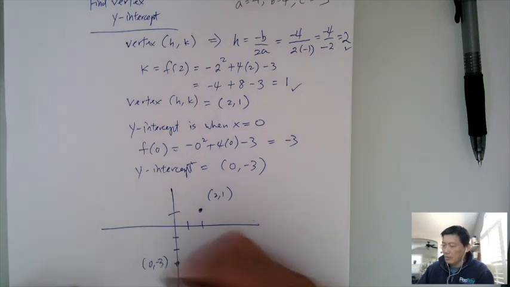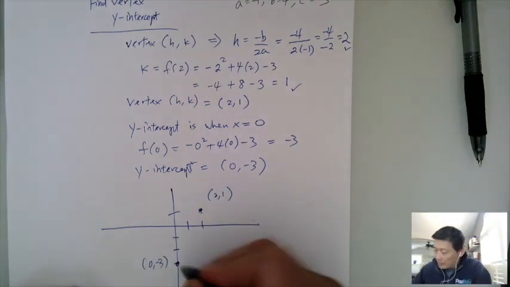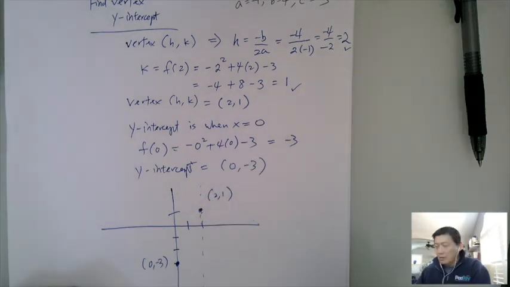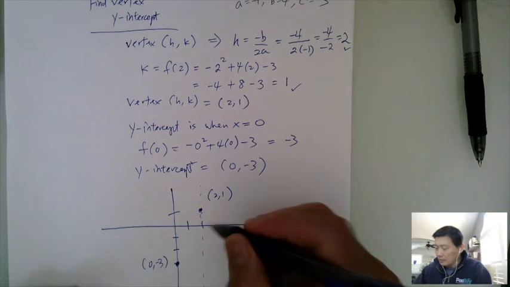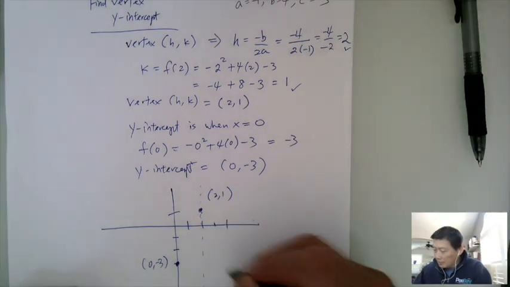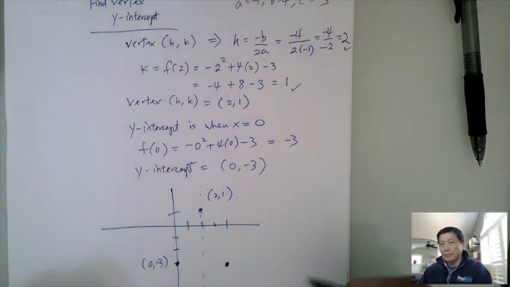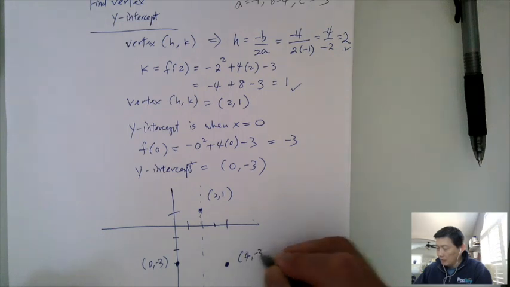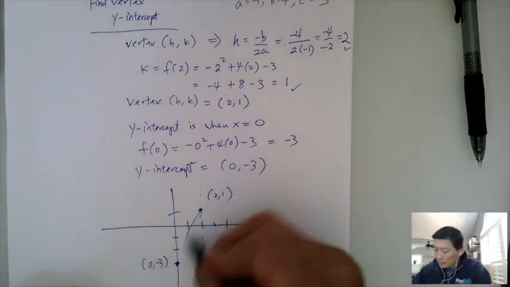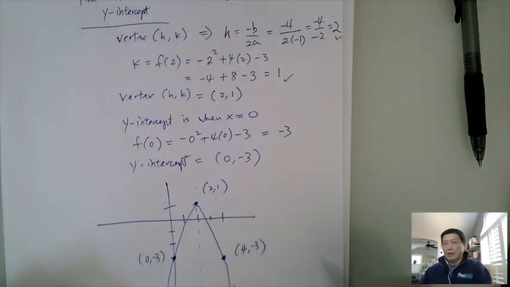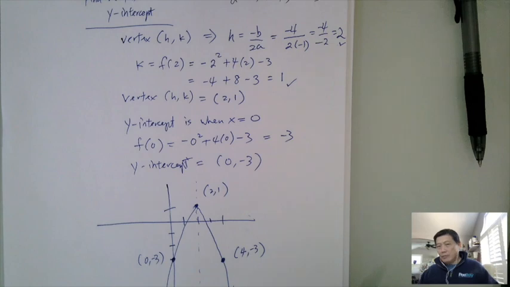You remember the vertex serves as a sort of center of the graph, so on the other side, you will have a mirror image point. In this case, this is 4, negative 3. When you have these 3 points, you can draw a parabola. And that's how you come up with the graph.